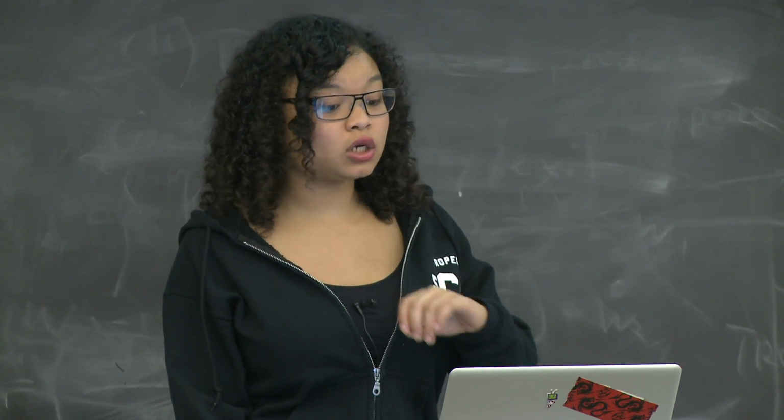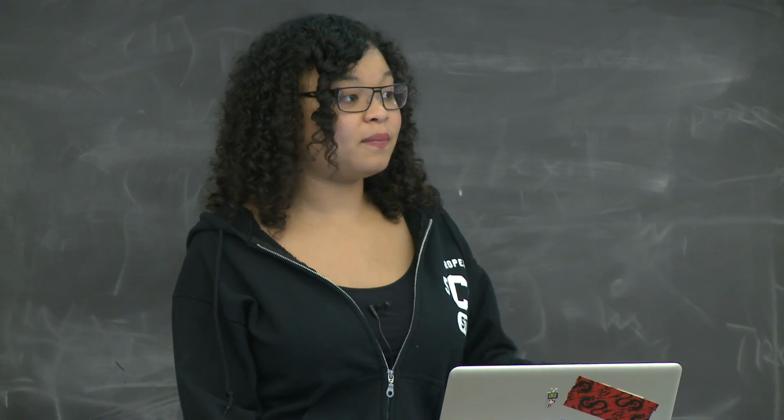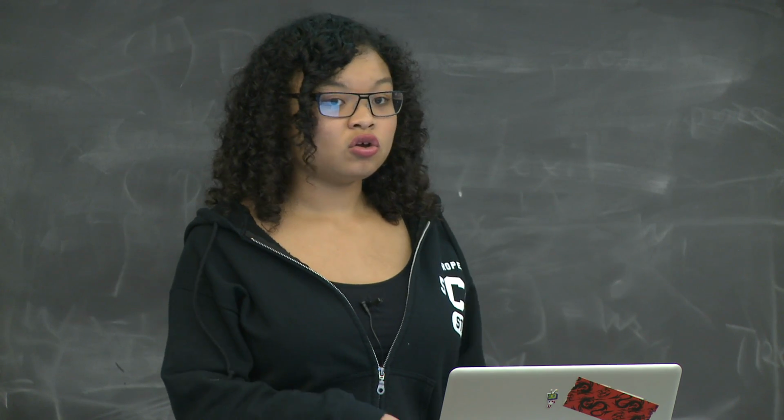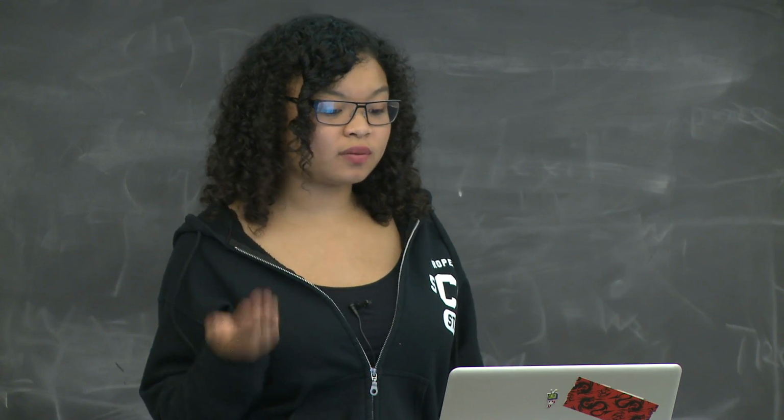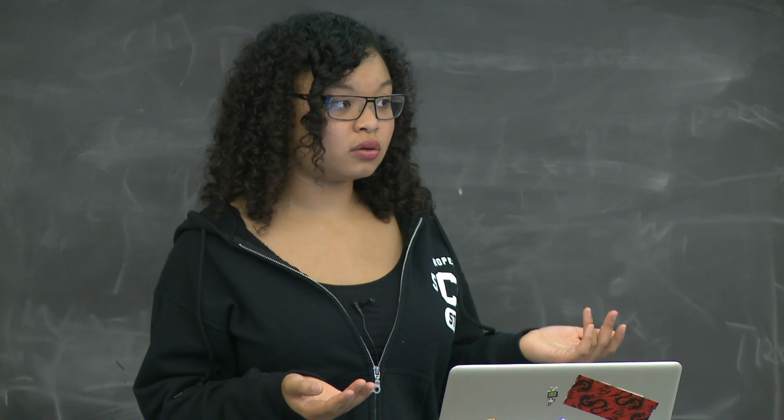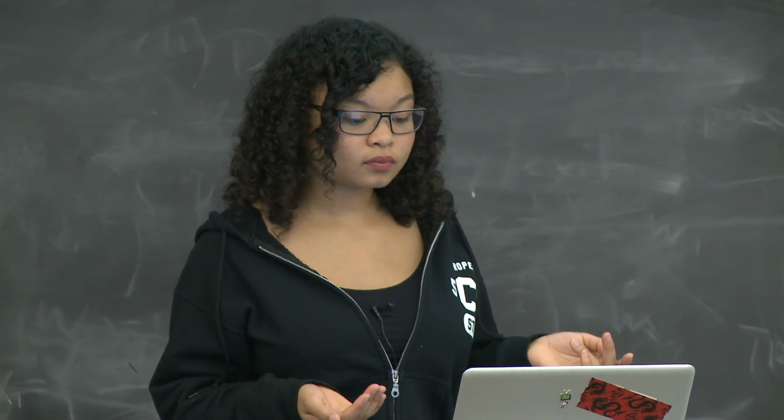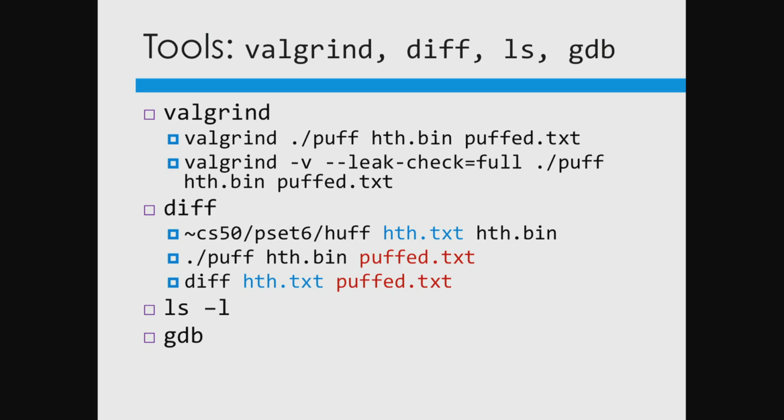Then if you run your own puff on that binary file, then ideally your outputted text file is going to be identical to the original one that you passed in. Here I'm using hth.txt as the example, right? That's the one talked about in your spec. So that's literally just hth and then a new line, right?